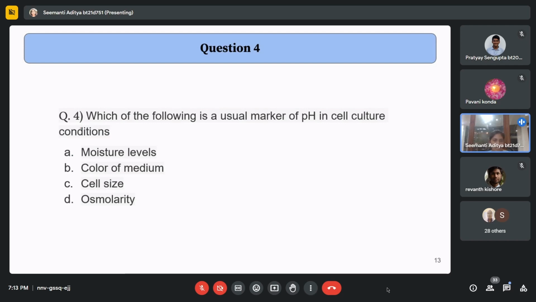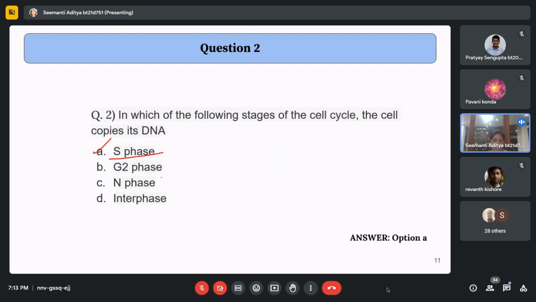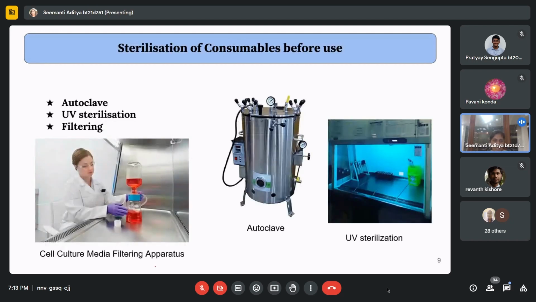Correct. Everybody has given the correct answer. The usual marker of pH in cell culture is the color of the medium. Here you can see that the media is red in color. This red color comes from phenol red. Phenol red is an indicator of the pH of the media. If it is basic, it is going to be red. If it is acidic, it is going to turn yellow.